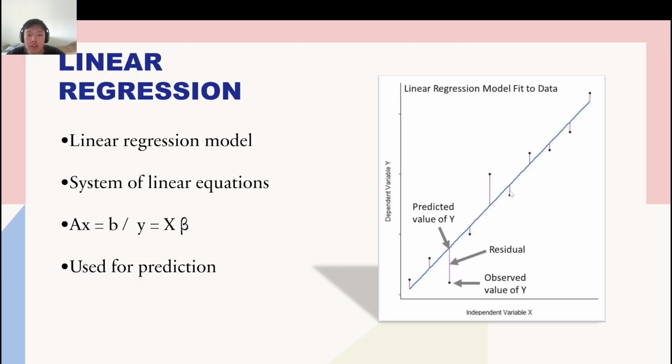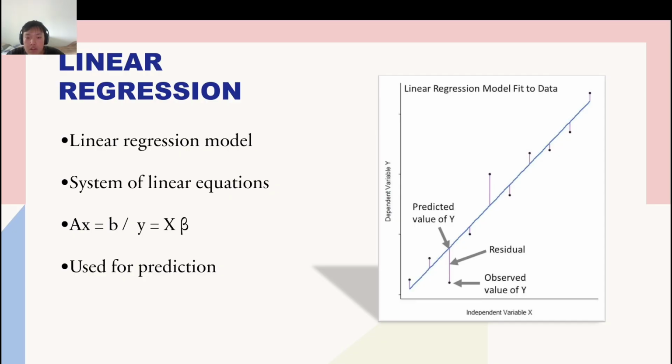One of the most fundamental applications of linear systems in data science is linear regression. Linear regression can be written as a system of linear equations, for example, in the form of Ax = b or y = Xβ. Here the matrix represents the data features, the unknown vector represents the model parameters, and the output represents the predicted values.